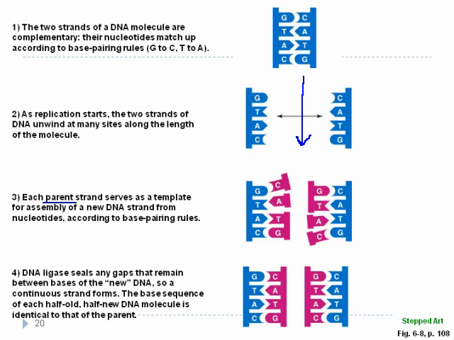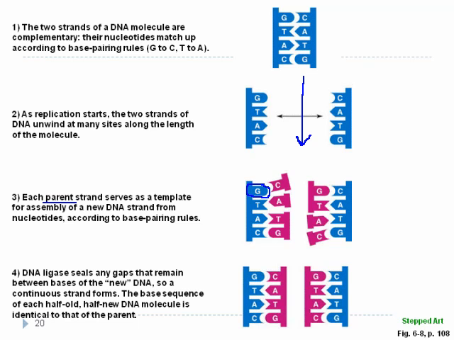Each of these blue parent strands serves as a template to fill in the new DNA strand. And it does that according to the base pairing rule, according to what can form hydrogen bonds. If it can't form hydrogen bonds, then it won't get linked in there. If it can form hydrogen bonds, then it'll get linked to this new growing strand.